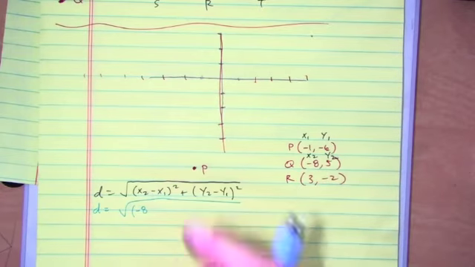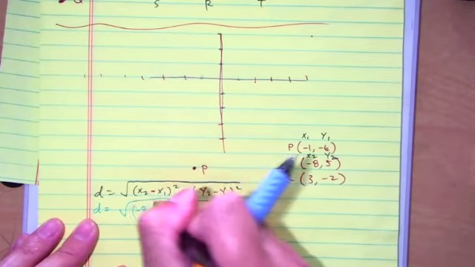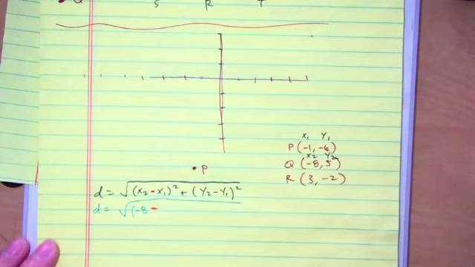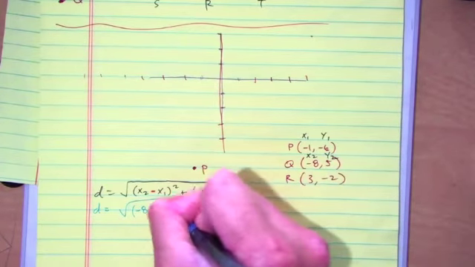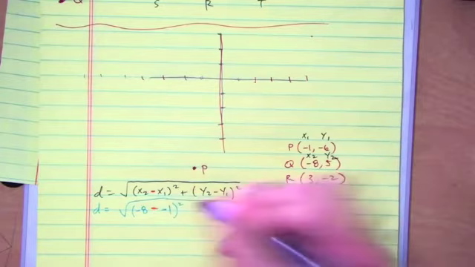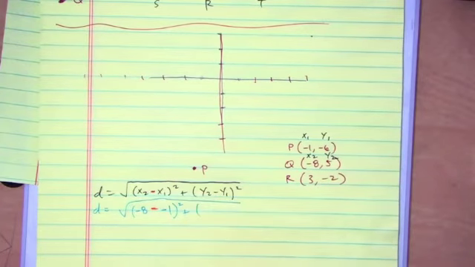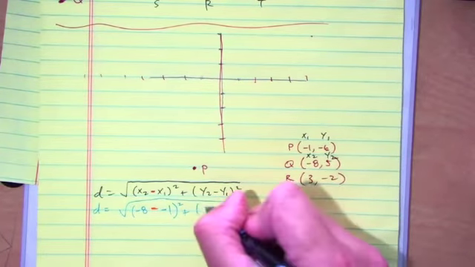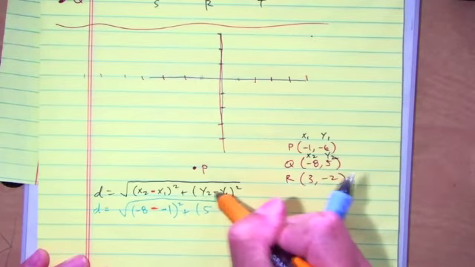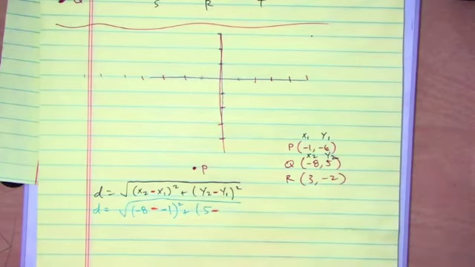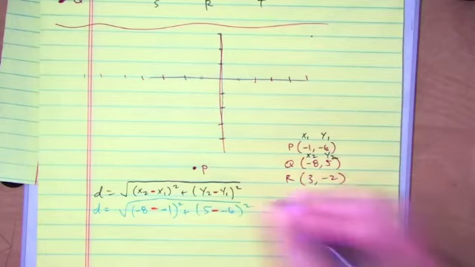-8. Look here, I'm going to put this subtraction sign in a different color here. See that? Now what? -1 squared plus what? 5 minus negative 6 squared.